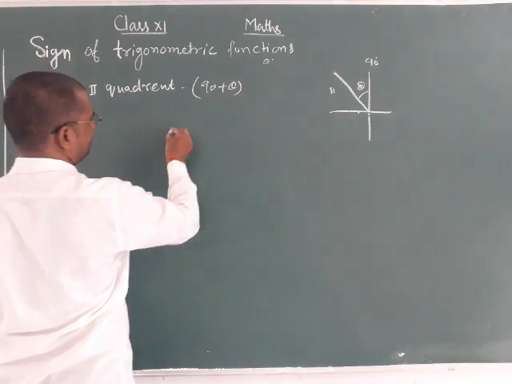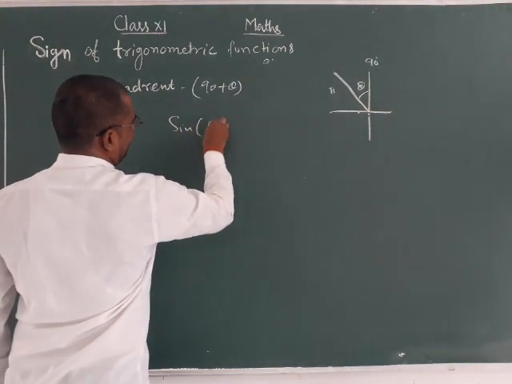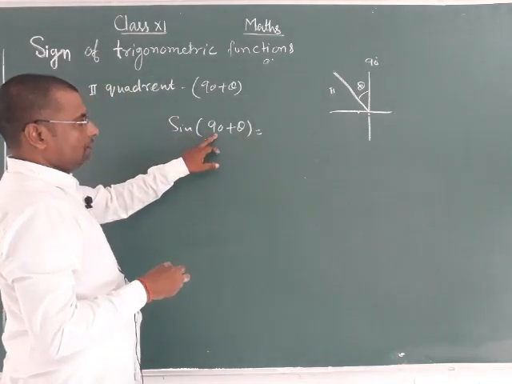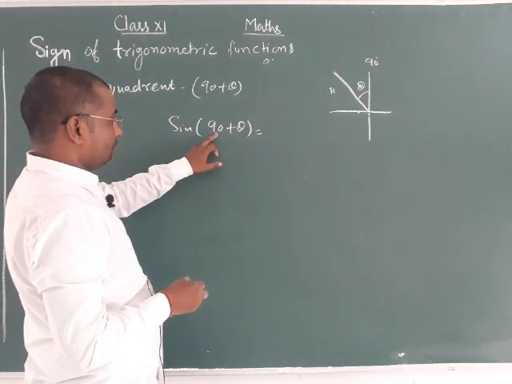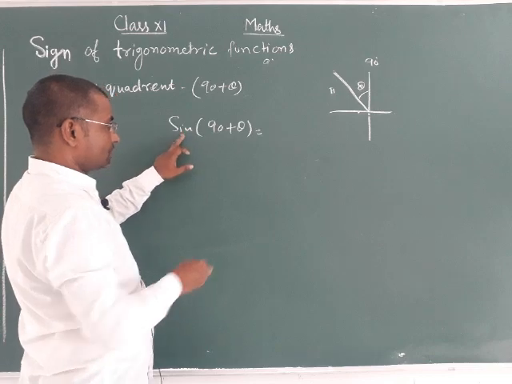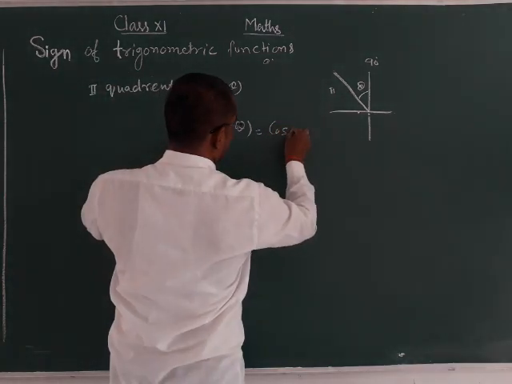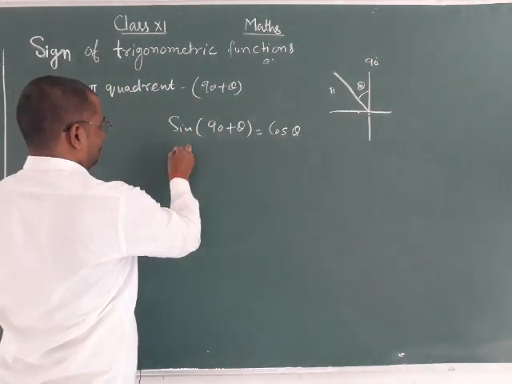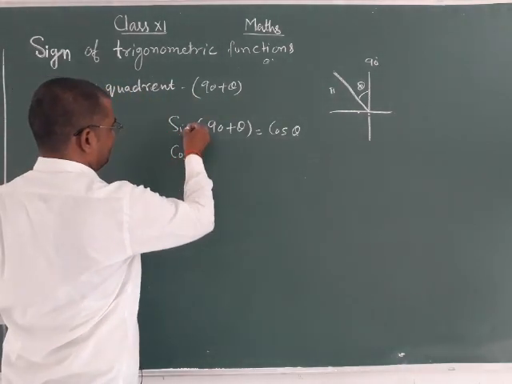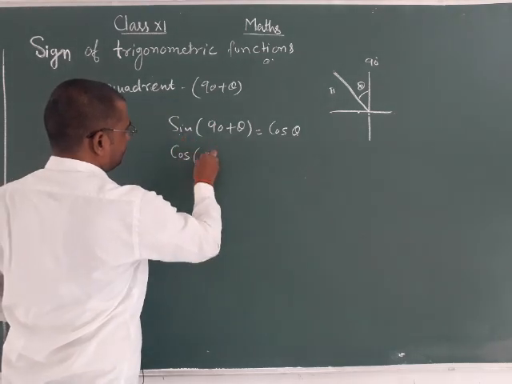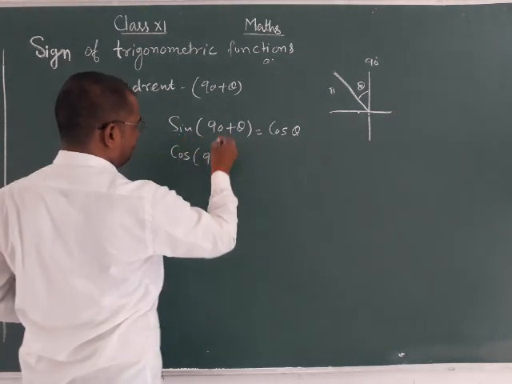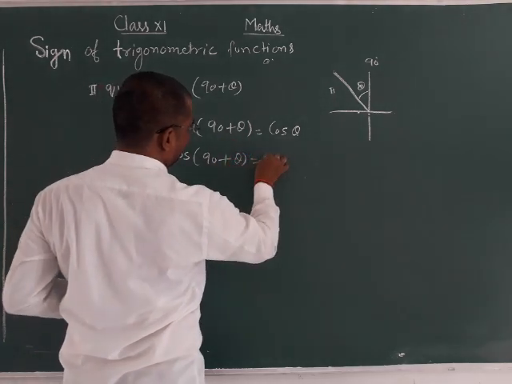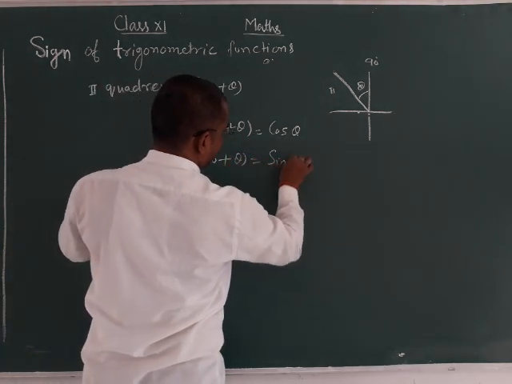Sin 90 plus theta is equal to cos theta, the ratio changes from sin to cos. Cos 90 plus theta is minus sin theta.